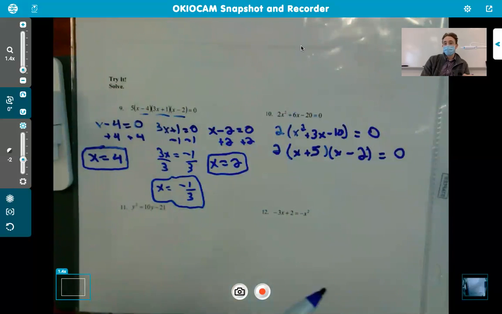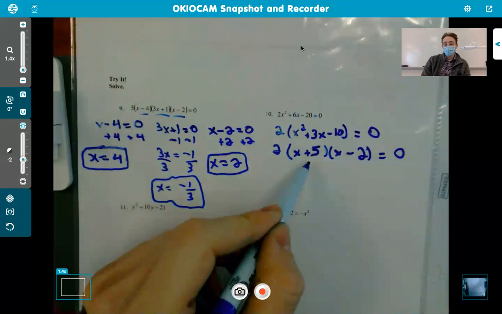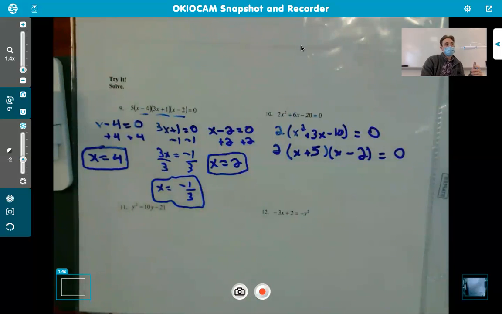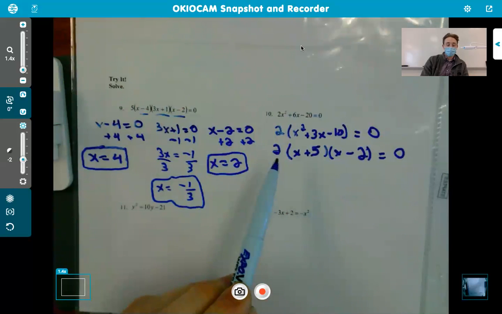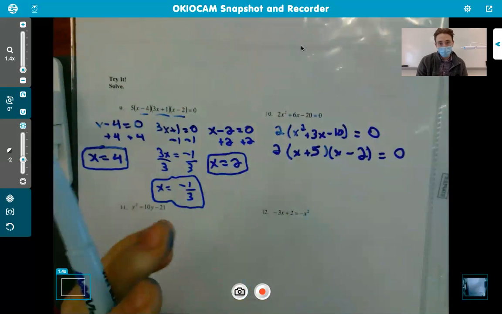What do I do from this step now? So I have 2 times x plus 5 times x minus 2. What would be my next step? Good. Set each factor equal to 0. And I only want to deal with everything that's inside my parentheses right now because the greatest common factor that I took out doesn't have a variable. So I'm going to leave the 2 alone.